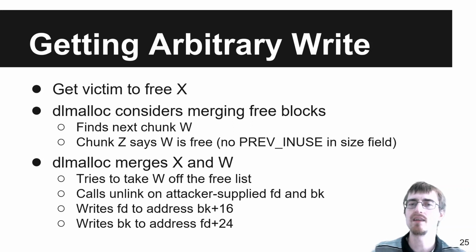At this point, dlmalloc knows that it must merge X and W, because they are now adjacent free blocks, and adjacent free blocks are not allowed to exist. So, W is not on the free list, but dlmalloc still tries to take it off. It calls unlink, and then performs the writes that we discussed.